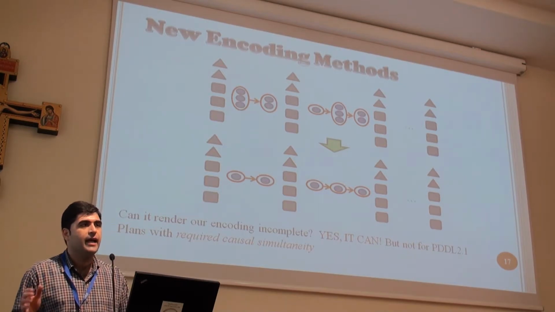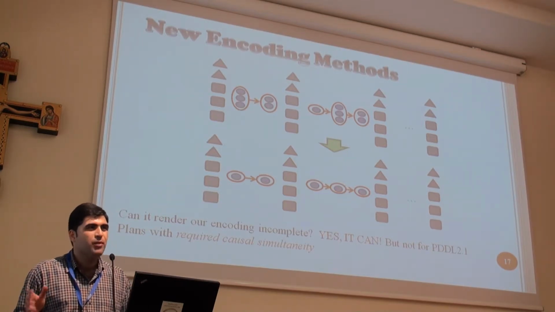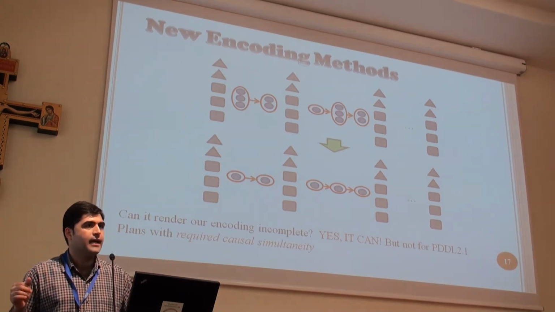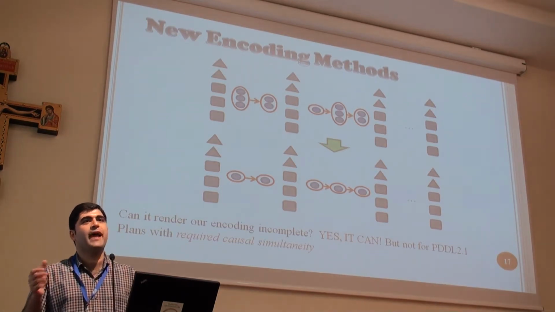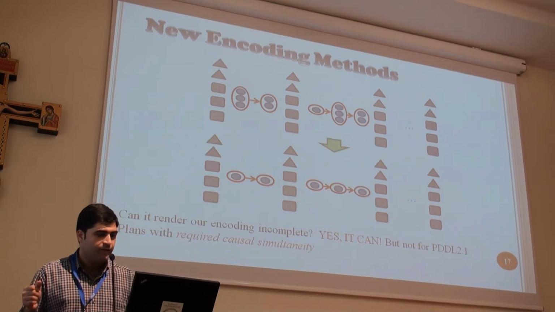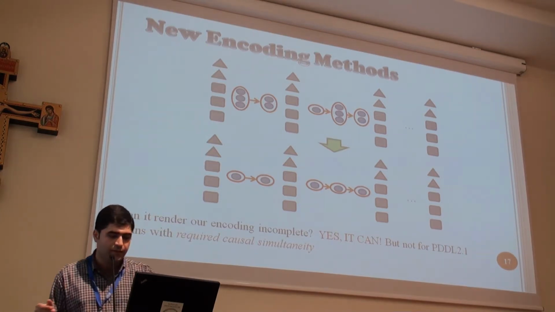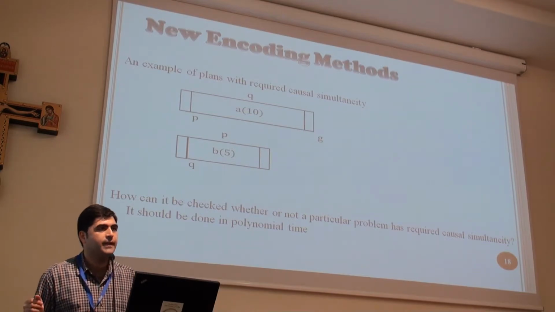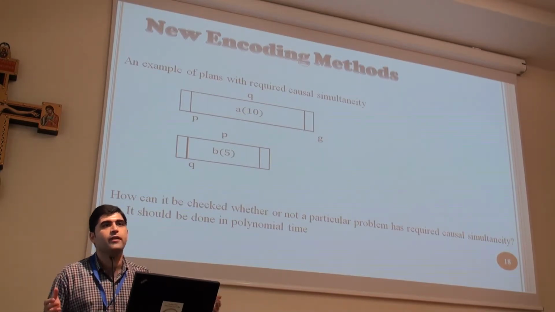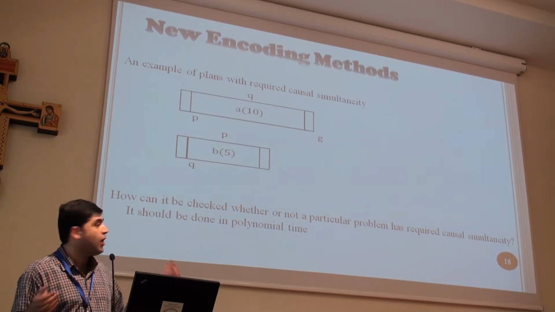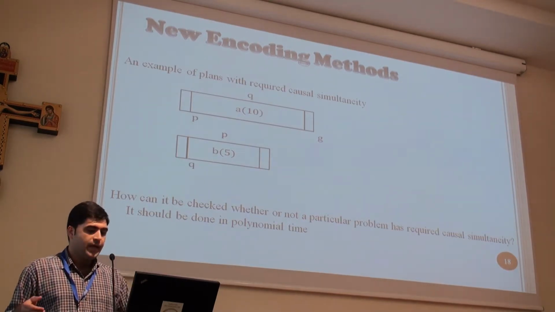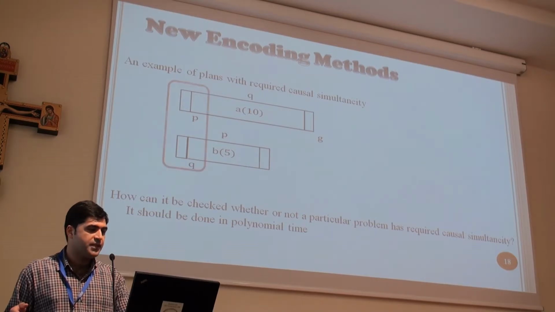It can cause problems, but in PDDL 2.1 it is asserted that we cannot require a plan to have simultaneous events, but it can be defined by PDDL 2.1 when an action is producing an overall condition of another action, and the other action is producing an overall condition of the first action.